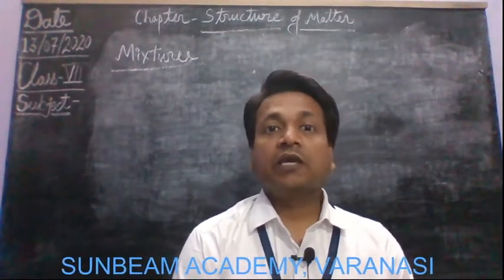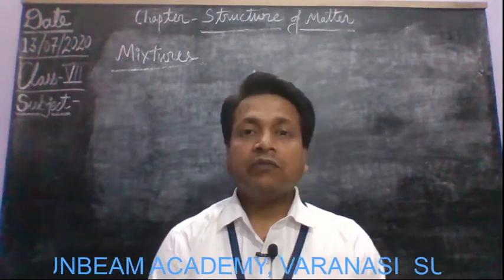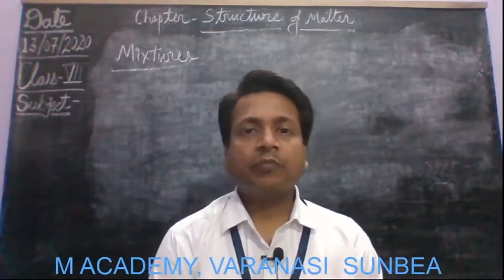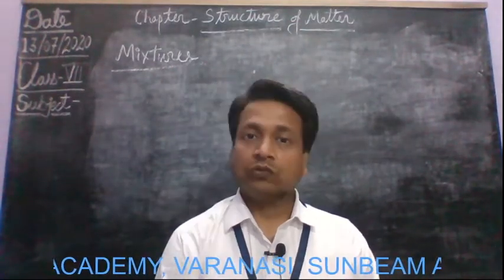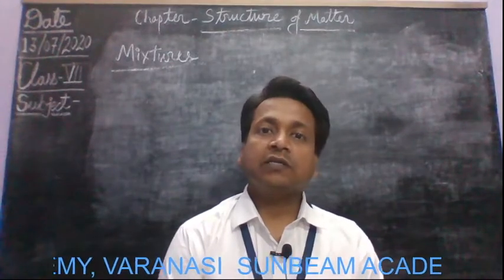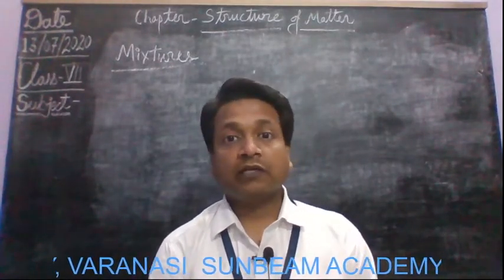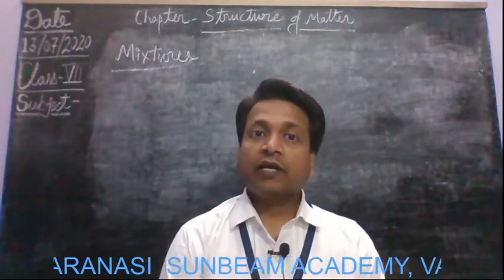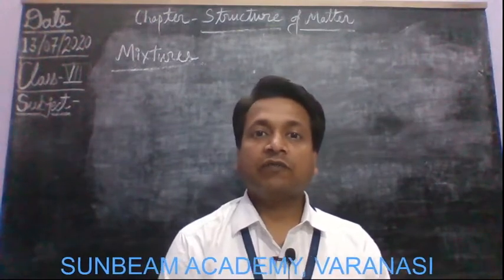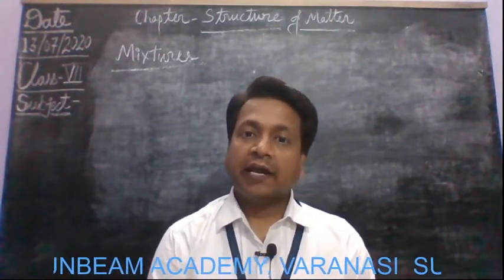Whereas in a mixture, the different constituents are not present in a fixed ratio and they can be separated easily by a physical method. So that is why it is termed a mixture and not a compound. This is the basic difference between a compound and a mixture.